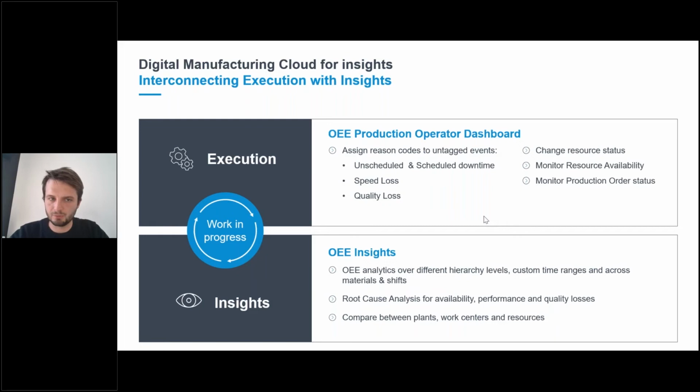Now coming to the DMC's OEE capability, maybe upfront for those of you who may not know or have forgotten, the OEE indicator is based on availability, the performance, and the production quality of a certain resource or work center, or basically any other instance on a certain hierarchy level. So within the DMC, there are multiple applications within execution as well as in insights that are focusing on OEE measuring.